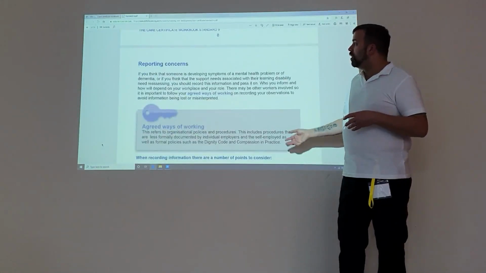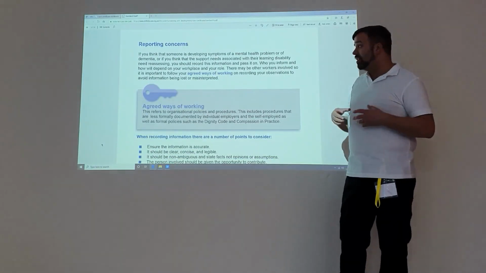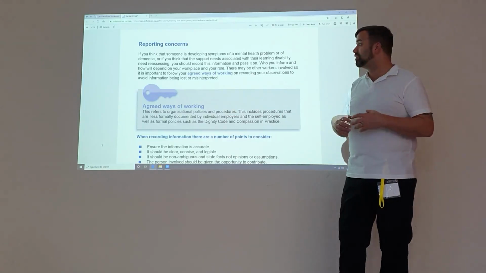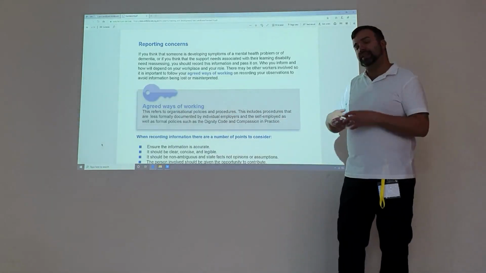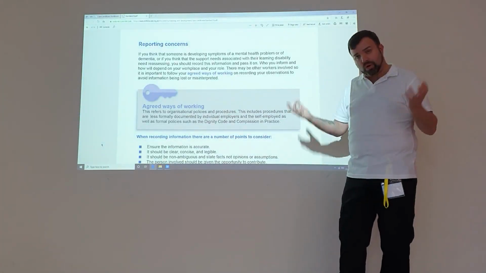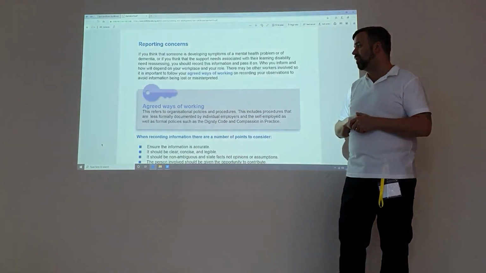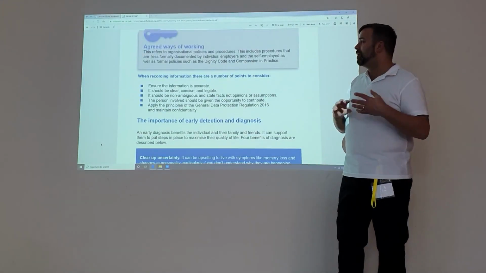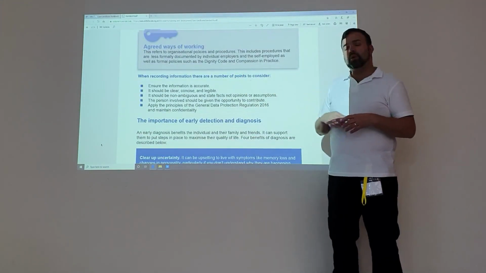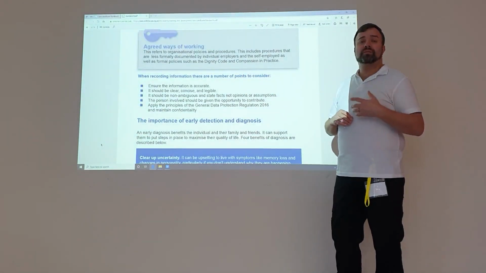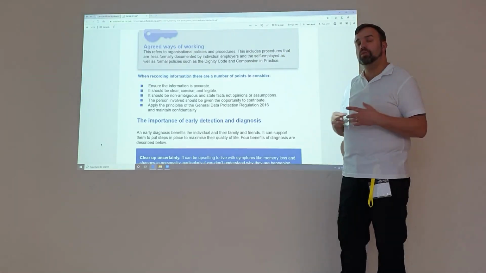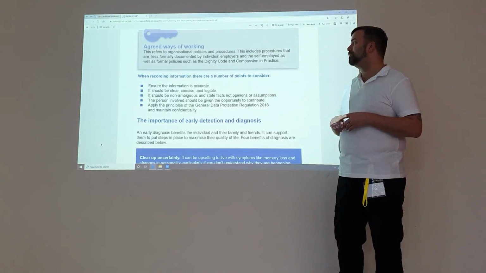Moving on, we've got to raise concerns. So again, using our safeguarding and whistleblowing procedures, really advocating and supporting this equality and this inclusion to society. We should identify key ways of working. There's a wonderful organisation, Dignity Champions, which is a website you can go to, and they have 10 core principles about dignity.